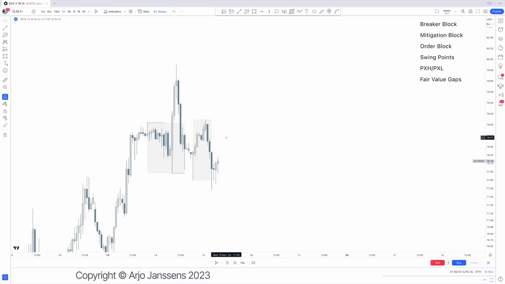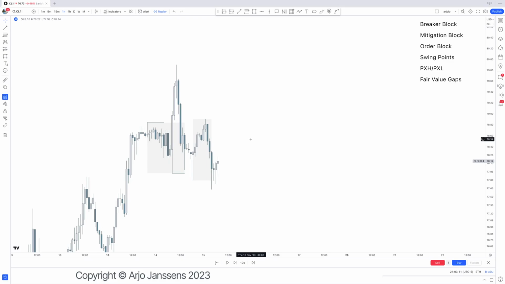So what I mean is a mitigation block comes after a breaker block. So we first have a breaker block. Now again, the order of this is good to know. Will it be super relevant later on in the overall story of this mentorship? Not really.